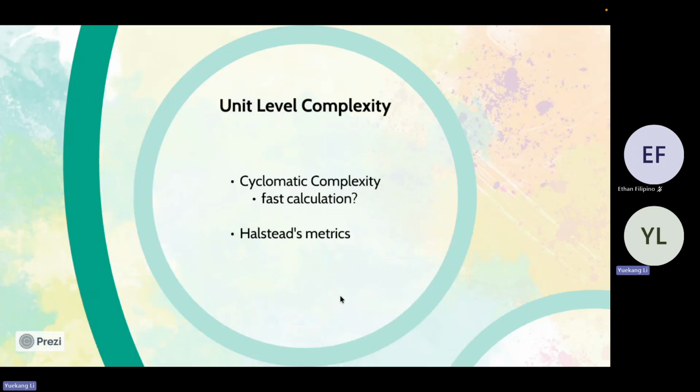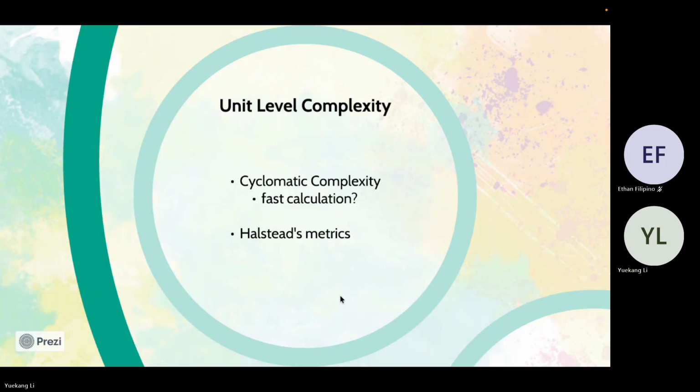First, the unit level of complexity, where we learned two different sets of metrics. The first one is cyclomatic complexity. Given any graph, we can calculate the cyclomatic complexity using the formula E, the number of edges, minus N, the number of nodes, plus 2, where the most precise form is plus 2 times the number of subgraphs. But because we are doing unit level counting, there's only one subgraph for each function.